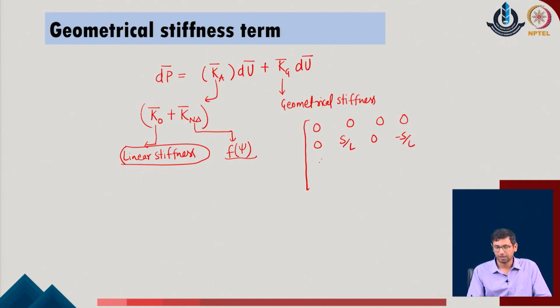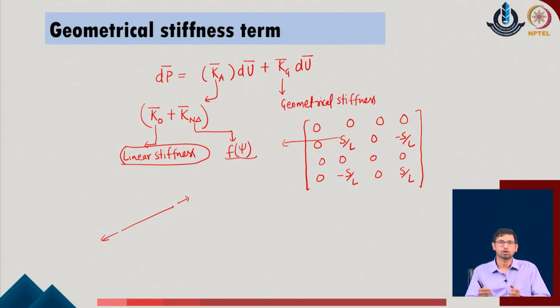So it is defined in terms of the S upon L parameter of the given system. Now what this parameter identifies: S is the member force which is active in the given system. As we have some internal tension or compression forces in the system, due to these internal member forces the stiffness of the system also gets modified.